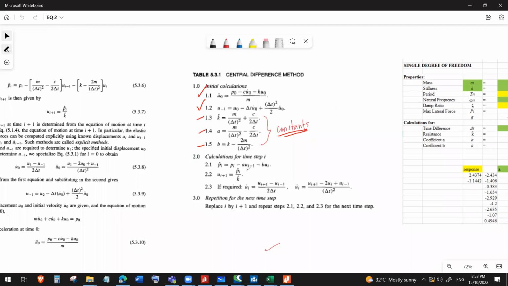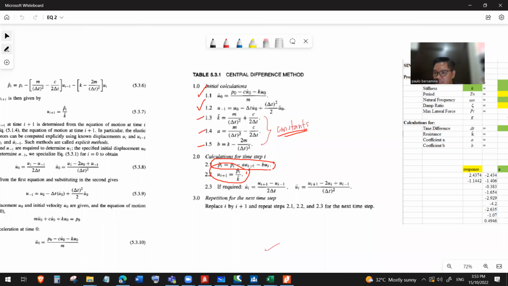Okay, and then the calculation for each time step, this one. So therefore, each time step, kukunin natin yung corresponding displacement, no? u i plus 1. No? Because after mo makuha yung p hat per time step and k hat, which is constant, no? Saka natin makukuha yung u per time step, no? Per iteration. No?